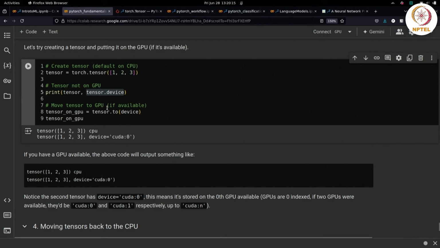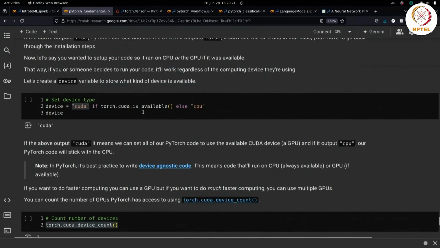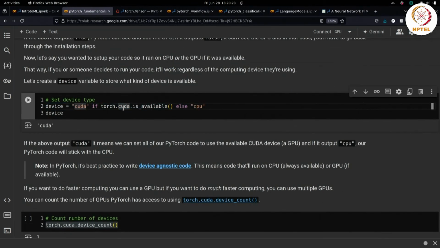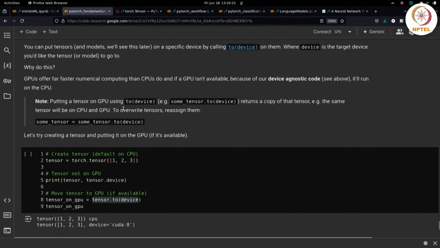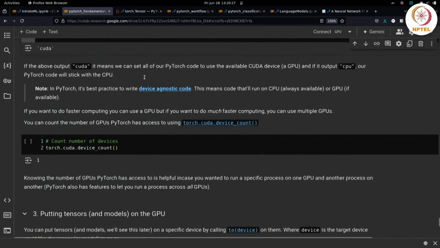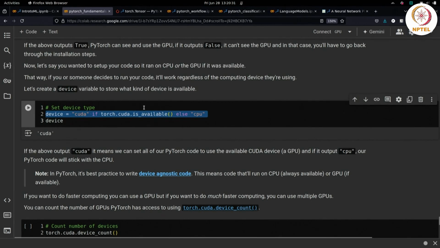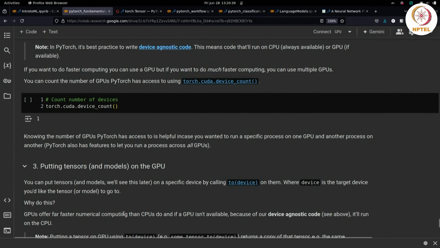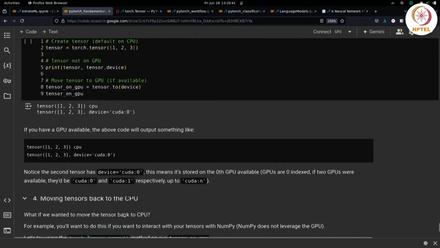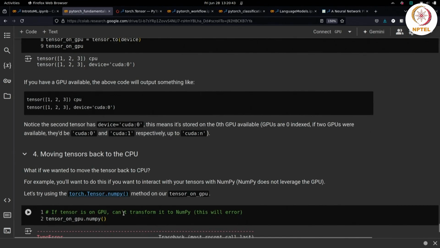If GPU is available and you want to move it, you can just say tensor.to(device), where the device comes from the piece of code you have written. By using to(device) along with this syntax, you can write code that is agnostic to the underlying hardware. It is device agnostic code. It can run on CPU and GPU and doesn't break.